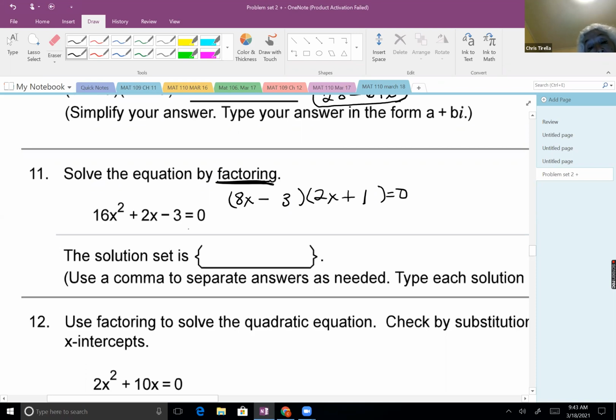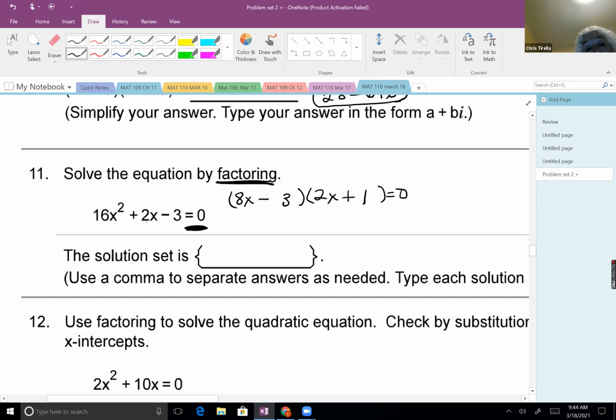I can start by factoring right away because that side is 0. I apologize, I forgot to make mention of that fact before we began. You can't factor until one side is 0. If I go through and check by multiplying this out, 8x times 2x would give me 16x squared.